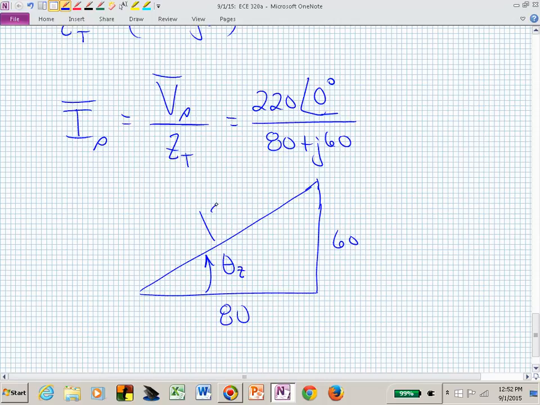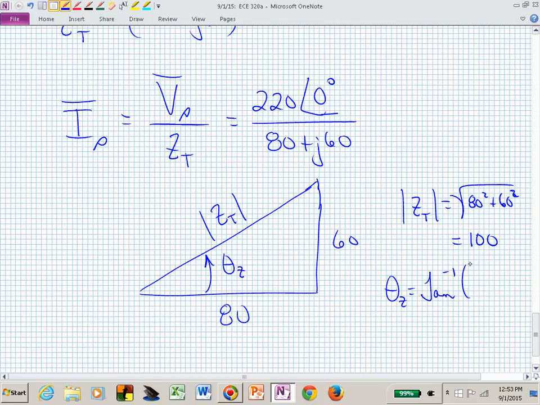And if I wanted to, here is the magnitude of that impedance, where the magnitude of Z sub T is 80 squared plus 60 squared square rooted, and that should end up being 100, and the angle theta sub Z is the inverse tangent.